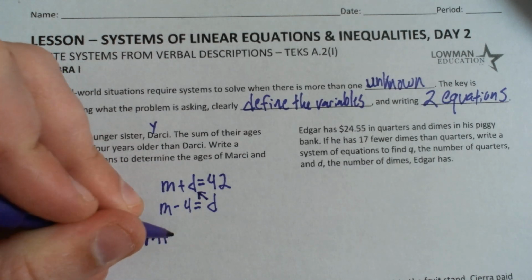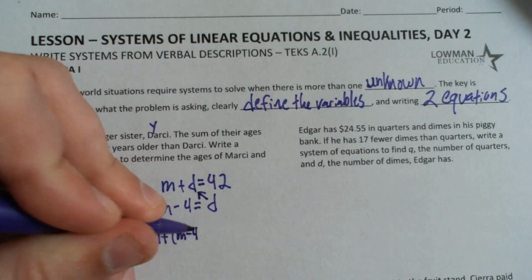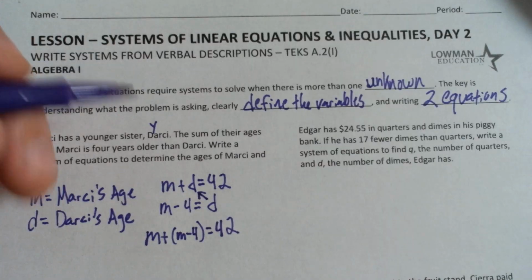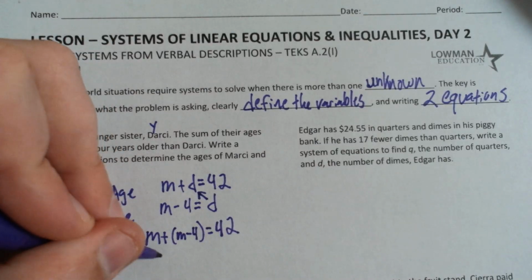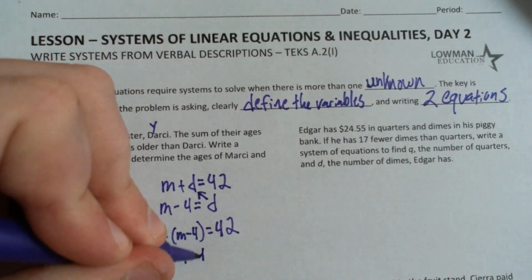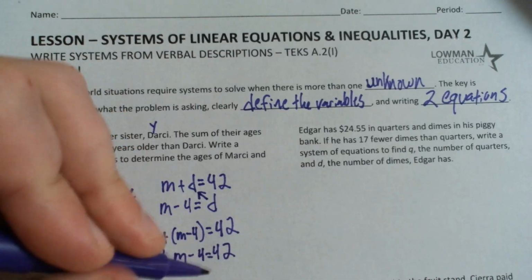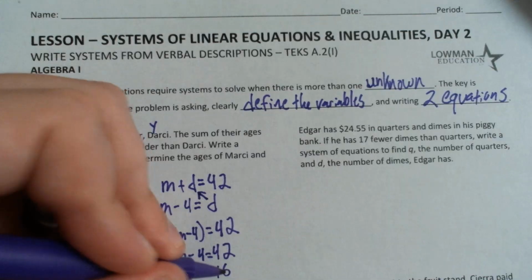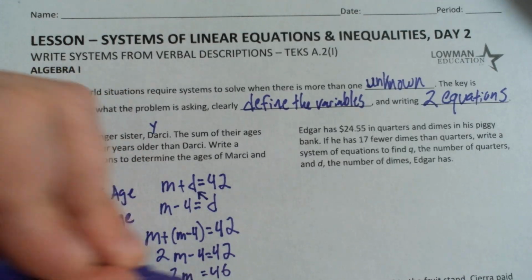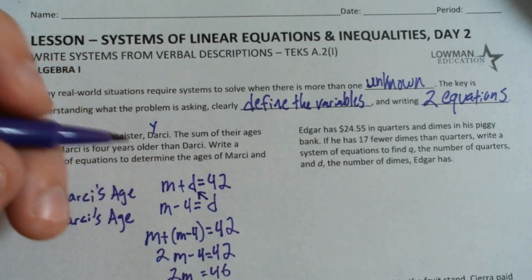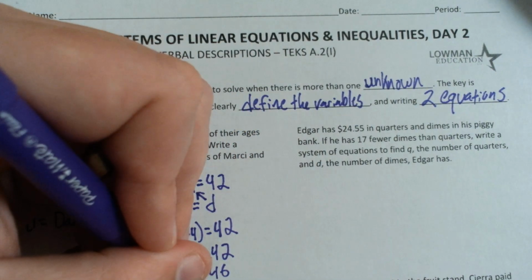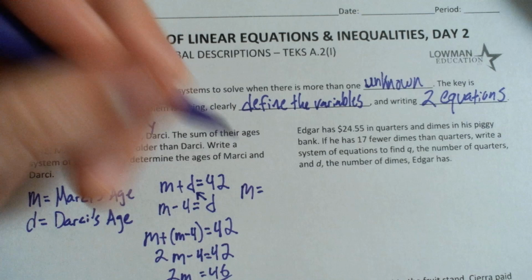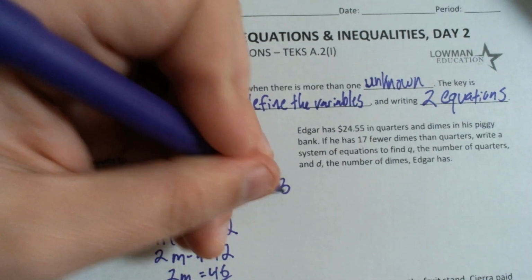So Marcy plus Darcy minus 4 equals 42. And so if I do M plus M, it's 2M minus 4 equals 42. So I'm going to add 4 to both sides. So 46 equals 2M. Divide by 2. And Marcy's age would be 23.